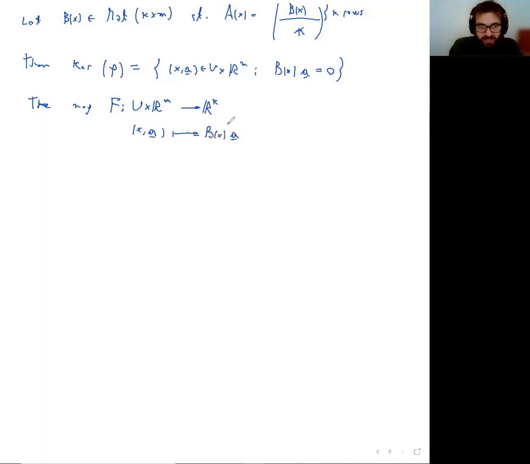We send (x, a) to B(x) times a. If we compute this differential, here you get the derivatives of B with respect to x, but here you get B(x), because this is where you derive with respect to a.